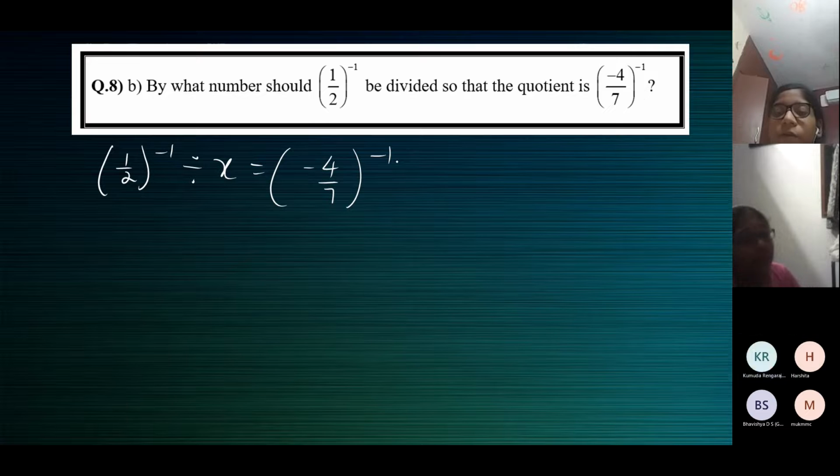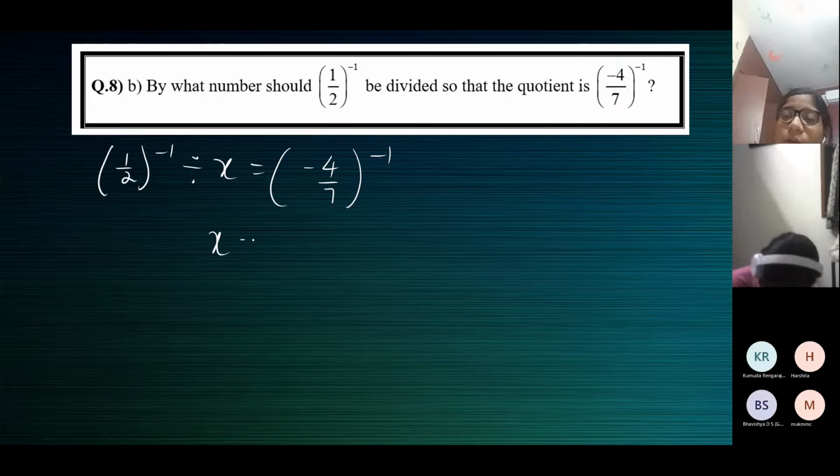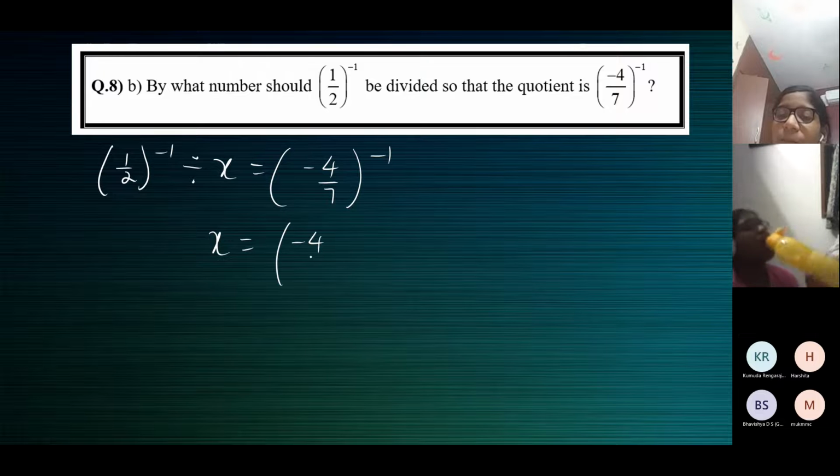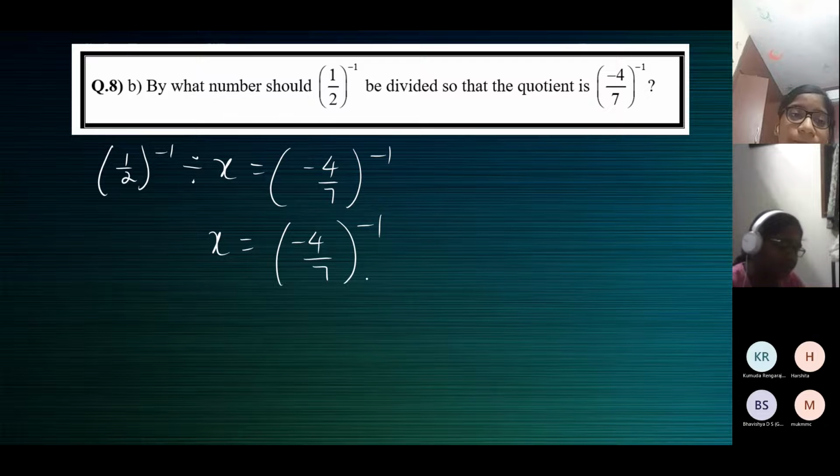So I transposed 1 by 2 raised to the power minus 1 to the RHS. So we get x equals minus 4 by 7 raised to the power minus 1 divided by 1 by 2 raised to the power minus 1. At last I changed it into its equivalent.